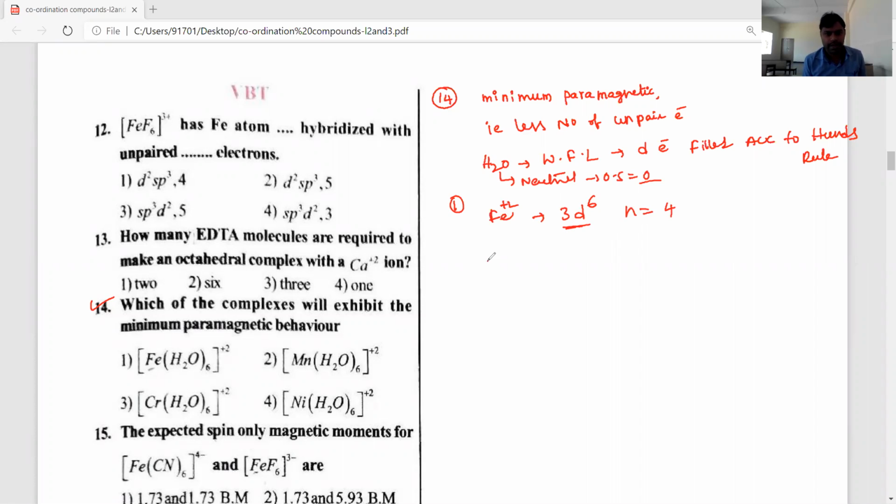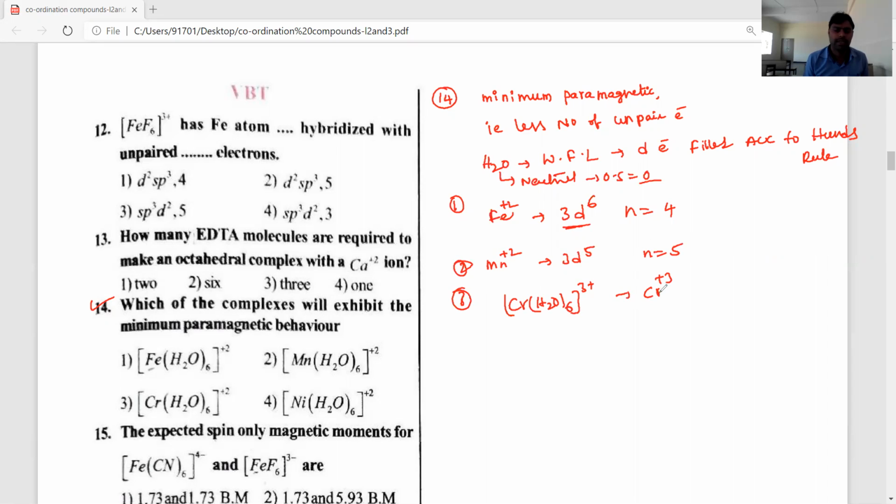Next, Mn+2 means 3d5, then n is equal to 5. Third option: [Cr(H2O)6]3+ means chromium is present in the +3 state.